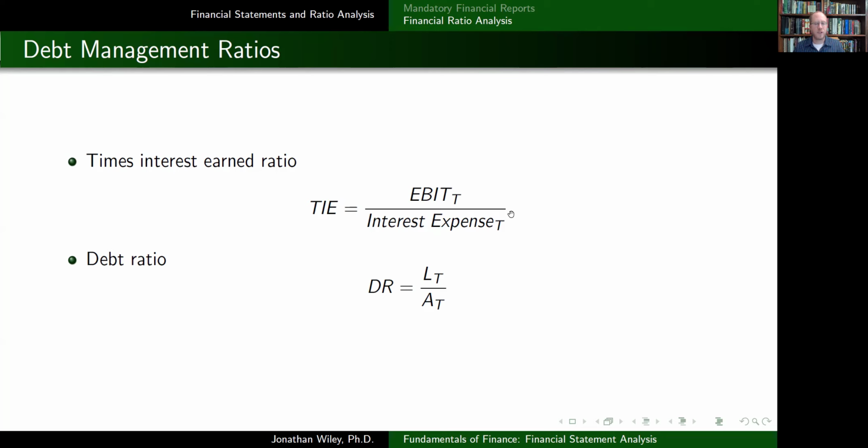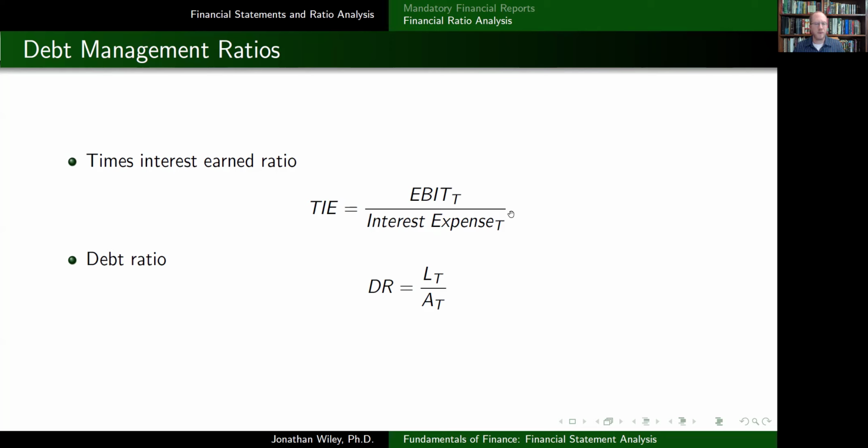So if my debt ratio is 30%, that means 30% of my assets were paid for with some kind of debt or liability. I tend to use debt and liabilities pretty interchangeably. Some textbooks and sources will draw a little bit more of a distinction there, but I tend to use them pretty interchangeably for the most part.